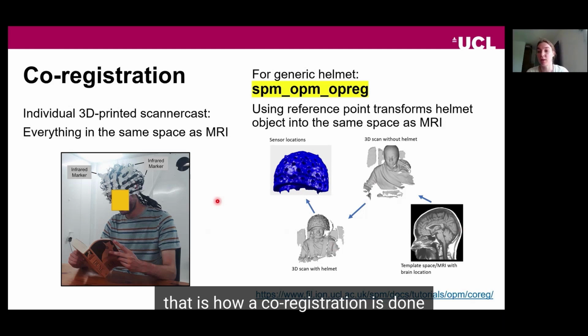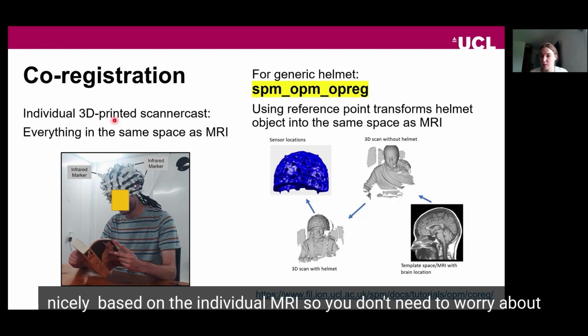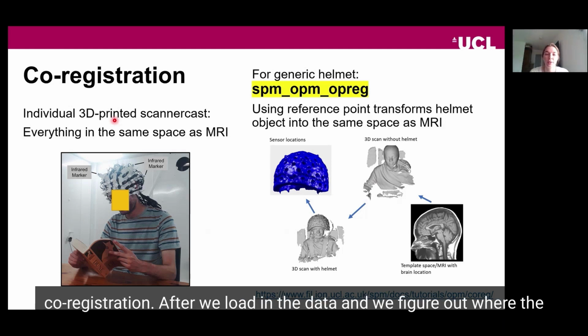That is how co-registration is done here at UCL. But usually we would have an individual scanner cast, and it's very nicely based on the individual MRI, so you don't need to worry about co-registration.